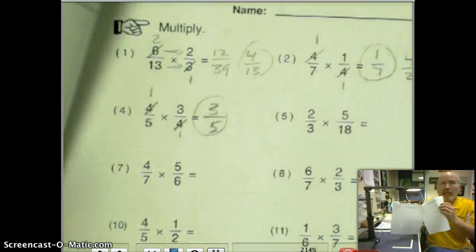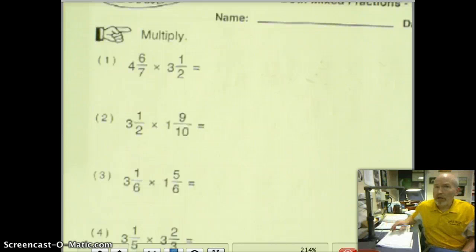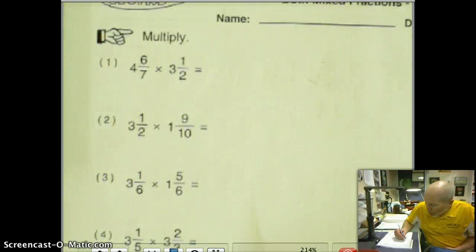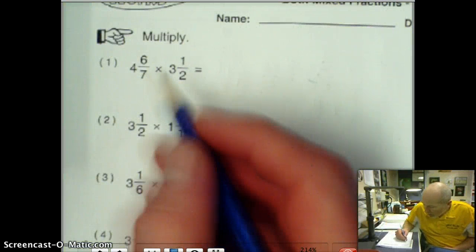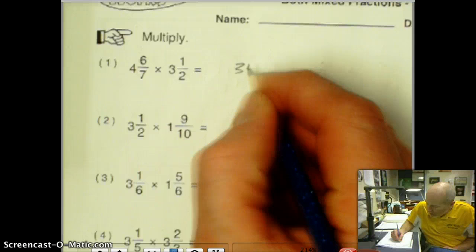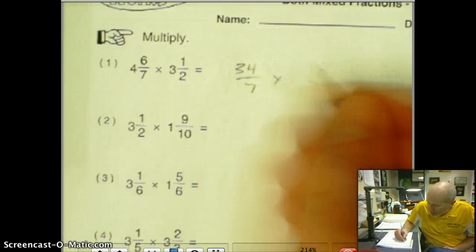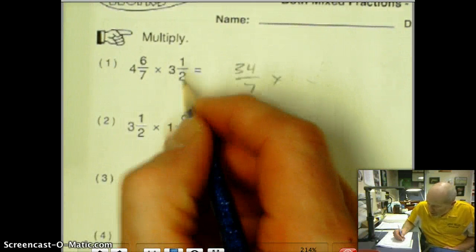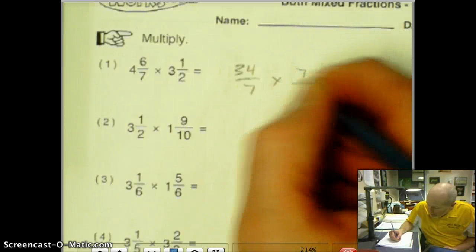One more page I'd like you to take a look at, and you can probably guess what it's going to be. It will be multiplying mixed numbers by mixed numbers. At this point, you have to rewrite both fractions as improper fractions. 4 times 7 is 28, plus 6, 34/7 times 3 times 2 is 6, plus 1 is 7/2.